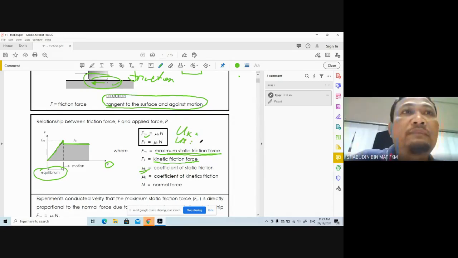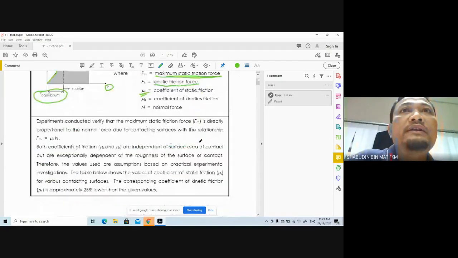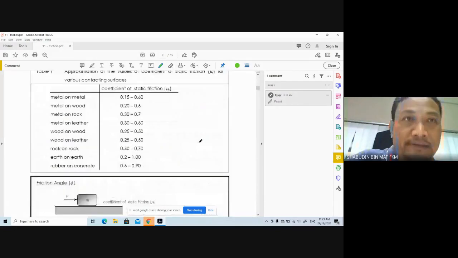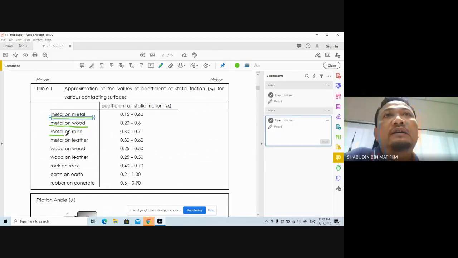From experiment we get mu s and mu k. Metal on wood, metal on rock, we have a standard of mu s. We'll give you in the examination, don't worry.